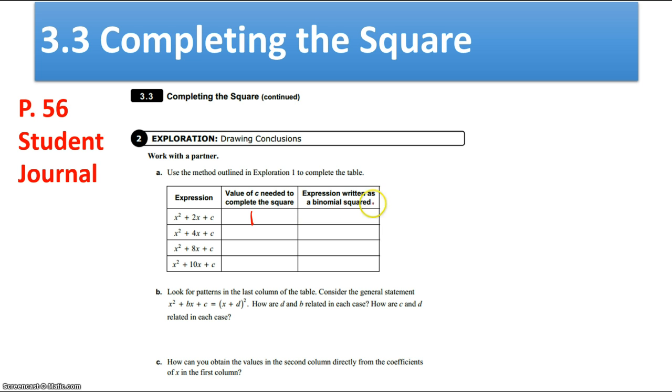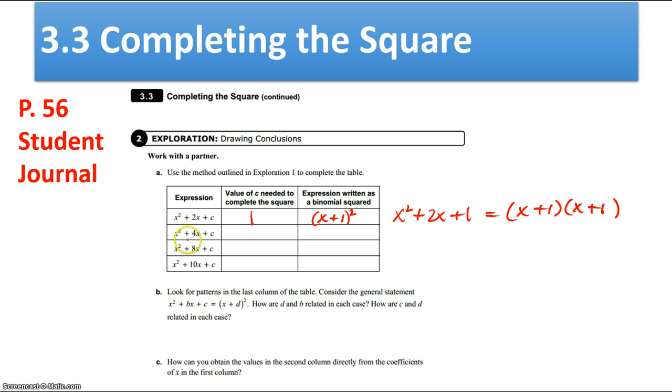Okay, and it says expression written as a binomial squared, which means if we factor this and I plug in 1, x squared plus 2x plus 1, and I factor x plus 1 times x plus 1, then in here x plus 1 quantity squared.